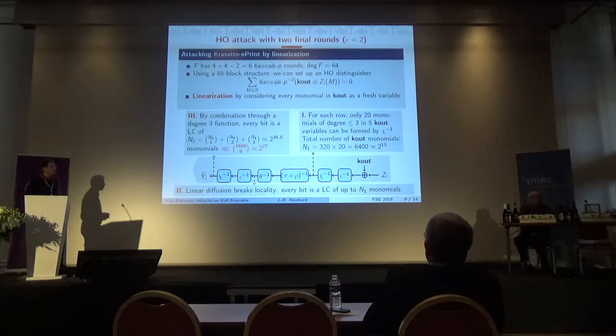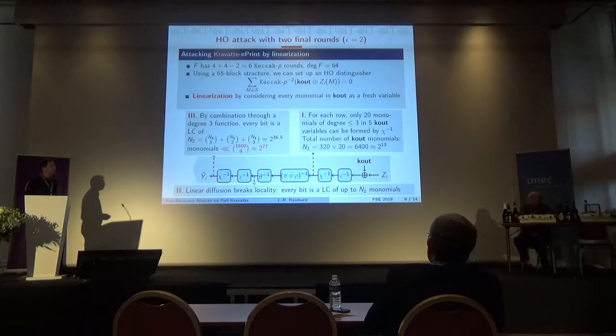The linear diffusion layer theta will break locality. So at this stage, every bit is a linear combination of all these monomials. And then you have the internal p minus 1 layer, which is of degree 3. So you only form monomials that can be obtained as the product of up to 3 monomials that we have here.